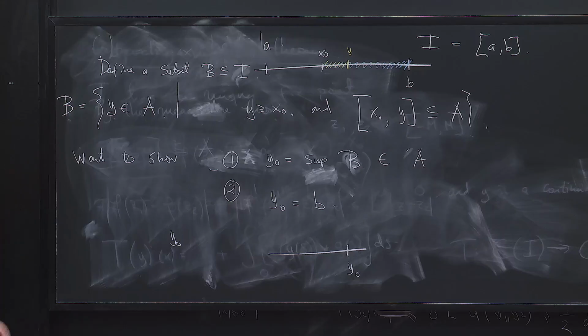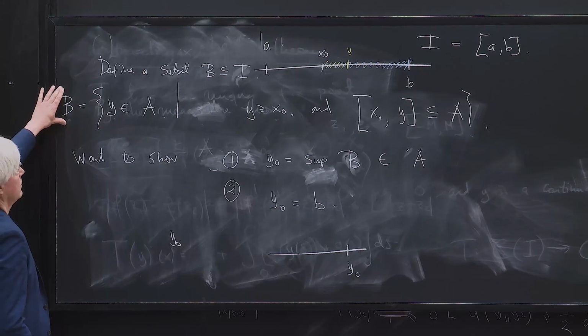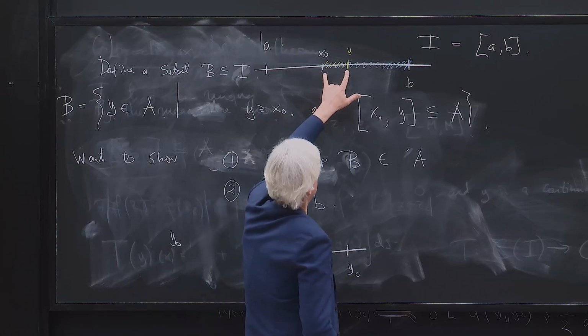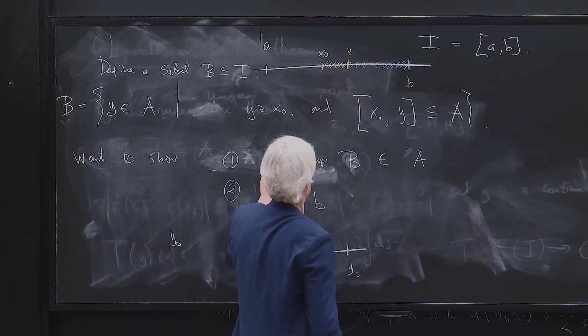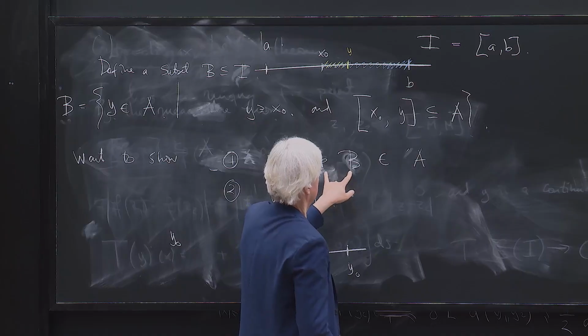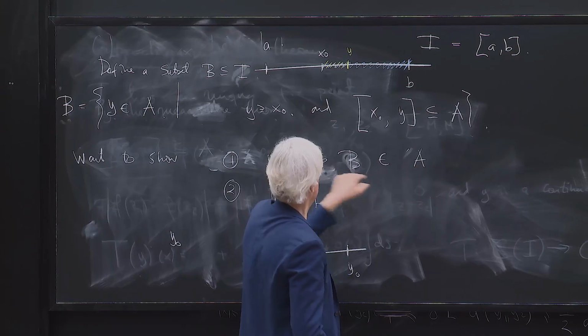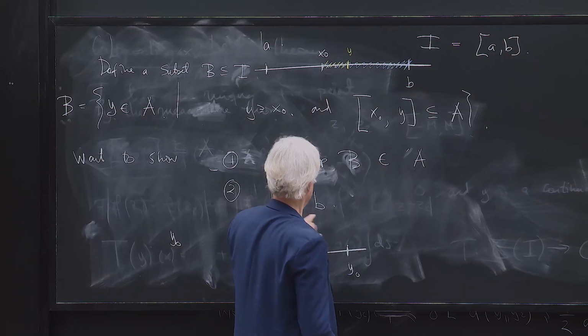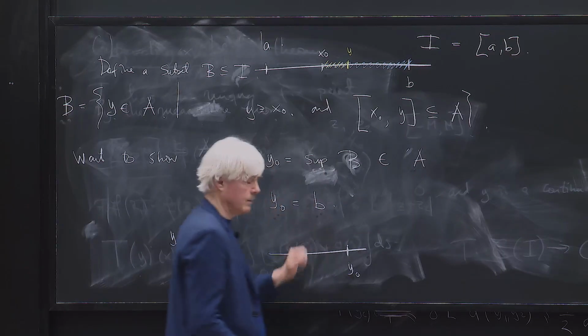So I take this set, and these are the y such that this entire interval is contained in A, right? And then I take the sup of this set, and I want to prove that this sup is in A, and then I want to prove that, in fact, the sup is B, okay?